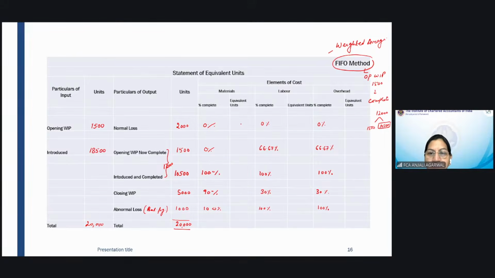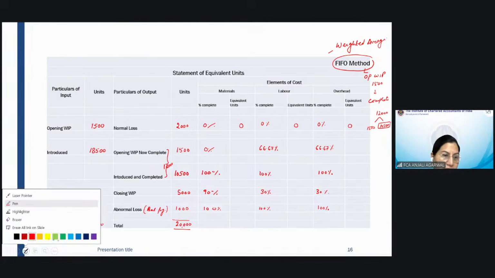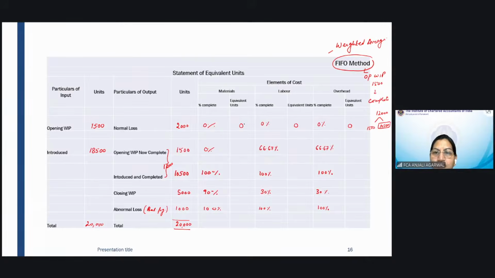2,000 into 0% is 0. I'll use a different color pen for equivalent units. 1,500 into 0% is 0. 1,500 into 66.67%: if you apply 66.67%, you may get a different figure.